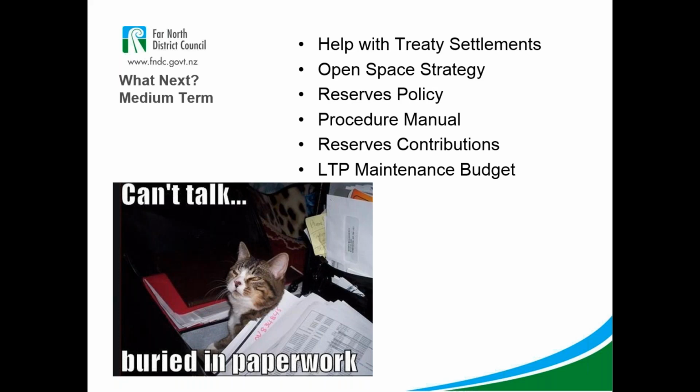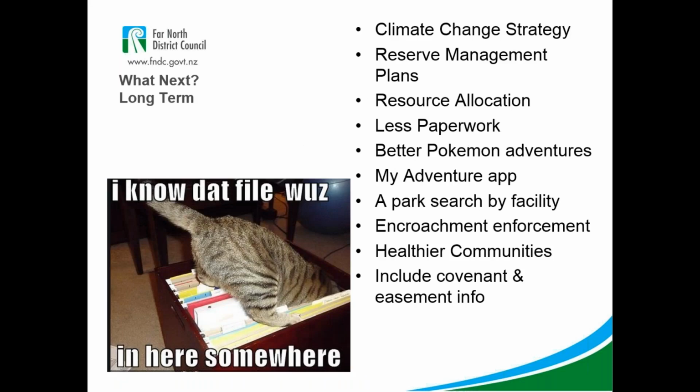Reserves contributions: if we can prove using the reserve audit that there is a lack of open space opportunities in this area, we can then get developers who develop in that area to actually provide that land, which means the ratepayers aren't. And in our long-term plan, getting that correct maintenance budget in there so that we're not short of money when we need to do up toilets or everything else.